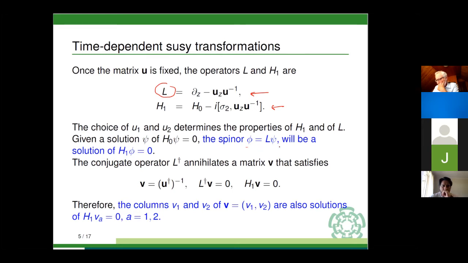If we apply L onto a solution of H0, we obtain a solution of H1.